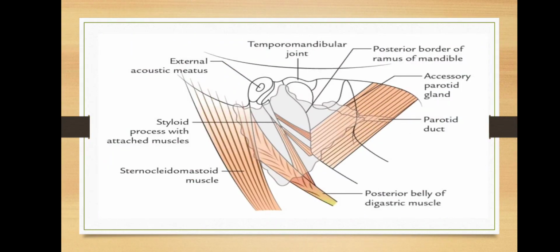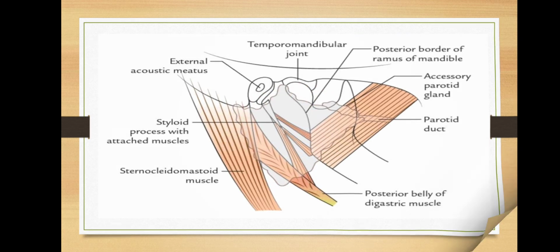Next, you can observe in the picture there is a highlighted area over here. This area is known as the retromandibular fossa, or it can also be called the parotid bed. This is the area where the parotid gland is situated.